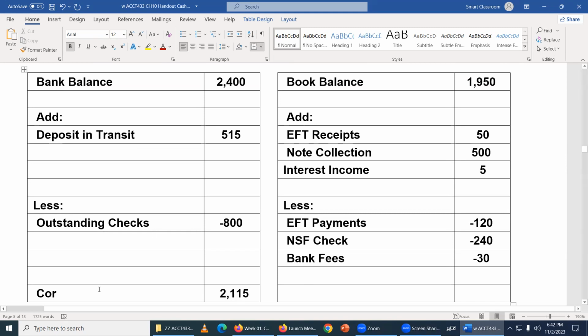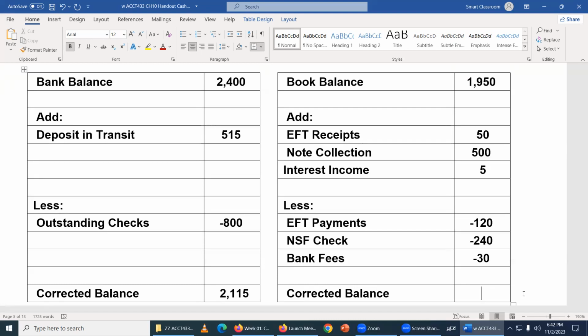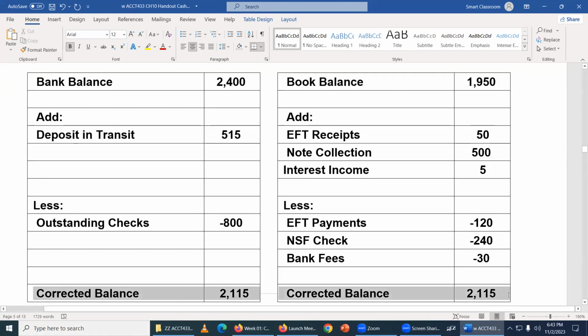So we'll see the corrected balance, and it should be the same on both sides. So you came up with the same on both sides? 2115. Yeah, it's the same on both sides. So this is the true amount of cash we should have in that account.